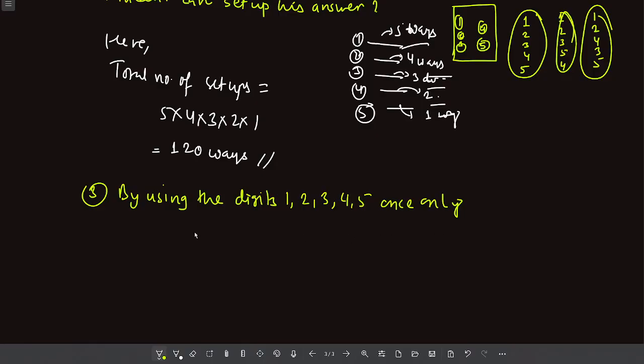Repetition is not allowed. Once only, how many 3-digit numbers are possible? This is the question. Can you find it? Okay, what will be our answer?